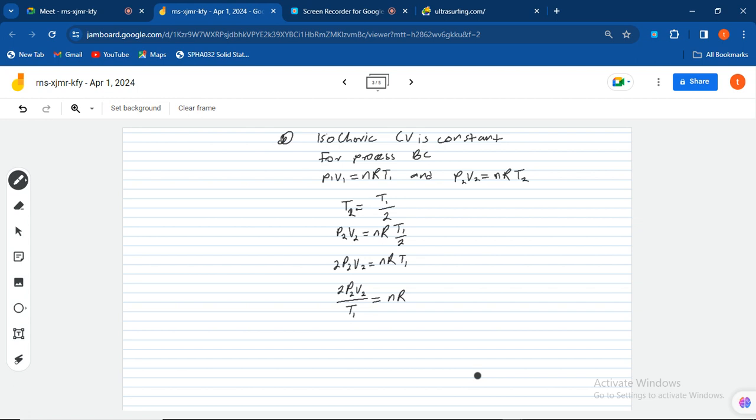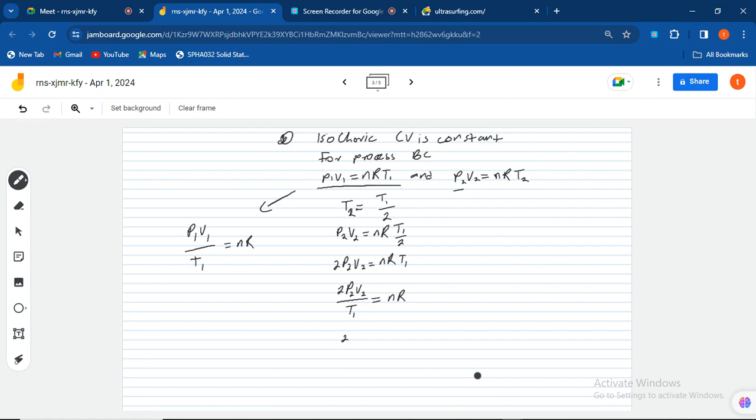Okay. And then we also check the other equation here. This one, right? If you make R subject of the formula, it's going to give you P1 V1 over T1 equal to NR. So you can substitute NR.